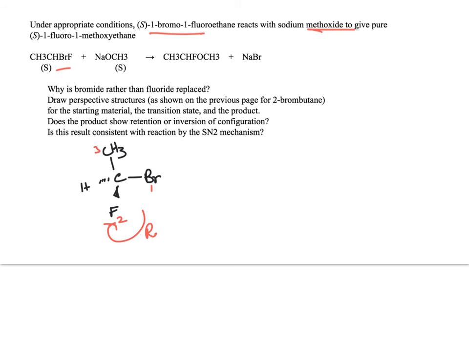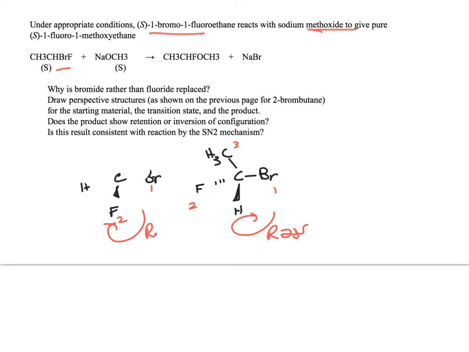So let's put fluorine in the back and hydrogen in front. Now let's see if we draw this. 1, 2, 3. 1, 2, 3. That would be R, and then R would be S because hydrogen is now in front. So let's work with that structure.